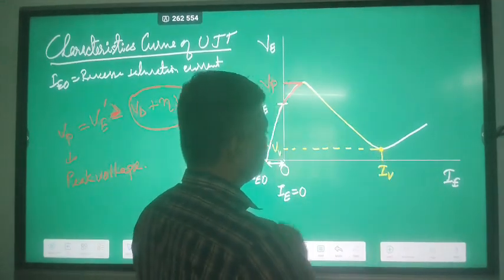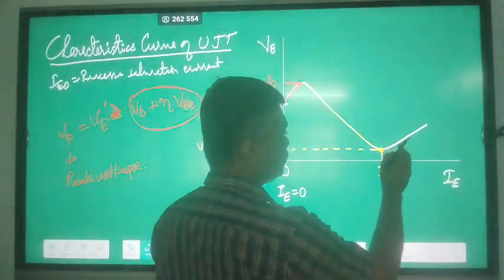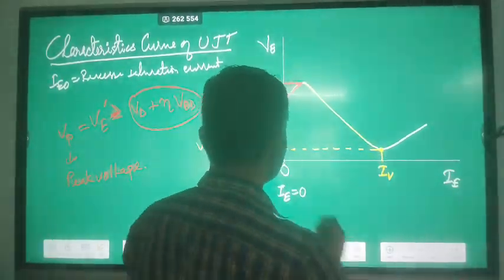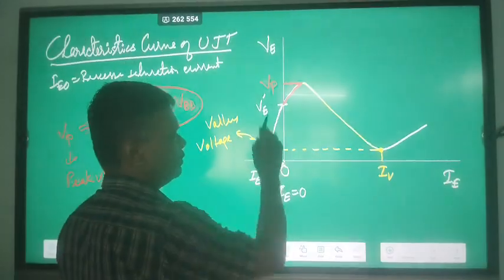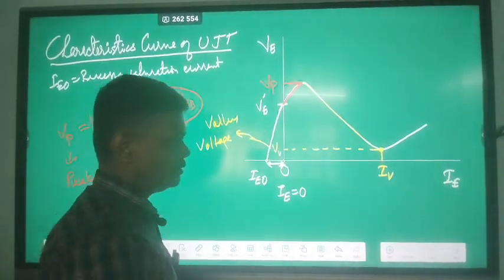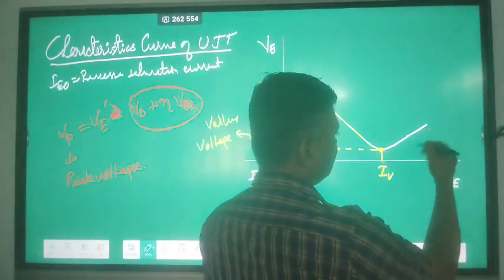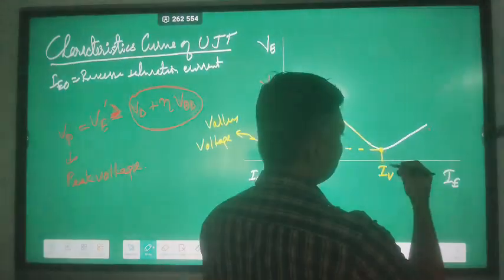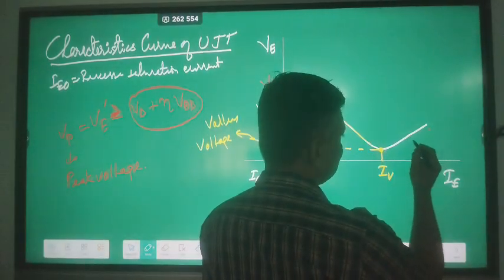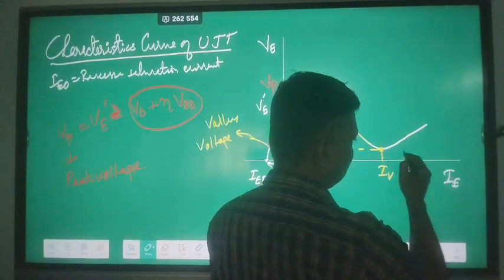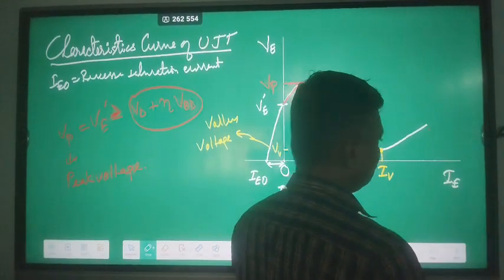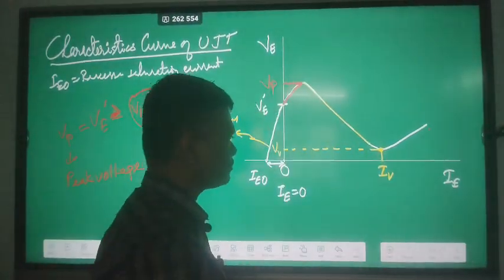Once it is saturated, if you want to increase the current, you have to increase the voltage in the input section. So now this portion behaves as a linear portion where VE is directly proportional to your IE.